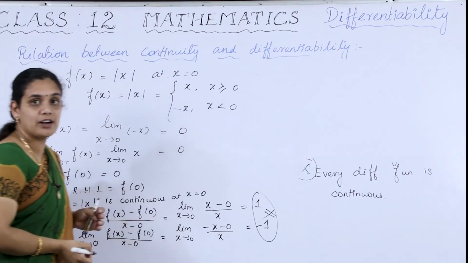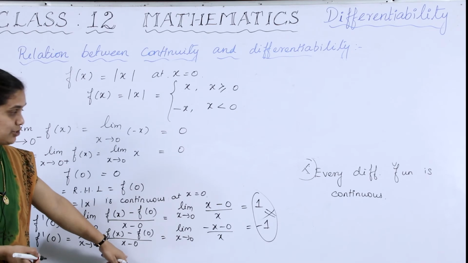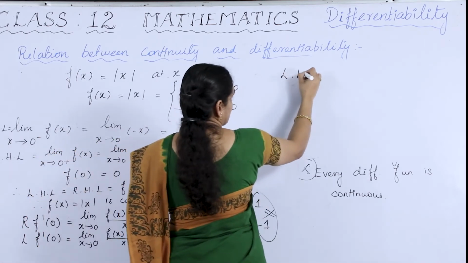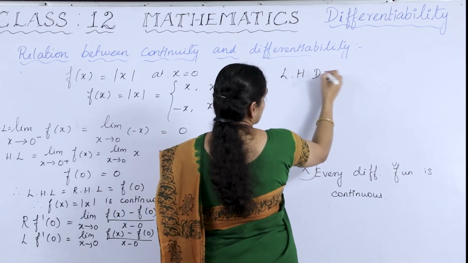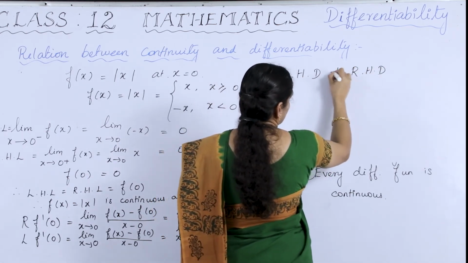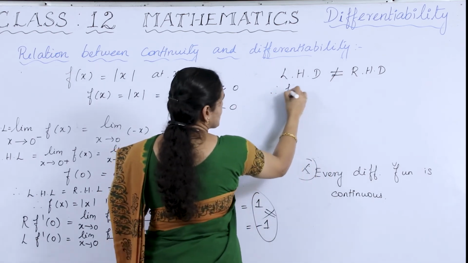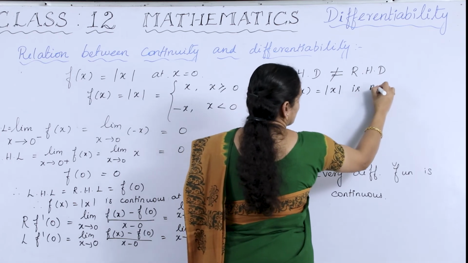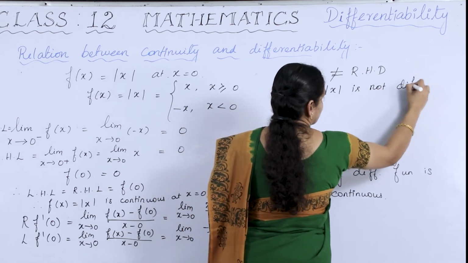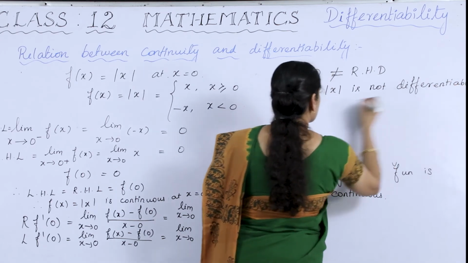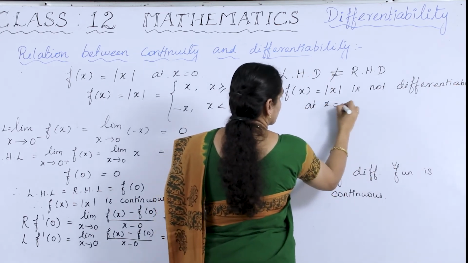Different. RHL is not equal to LHL. Therefore it is not differentiable. Left hand derivative is not equal to right hand derivative. Therefore f(x) equal to absolute value of x is not differentiable at x equal to 0.